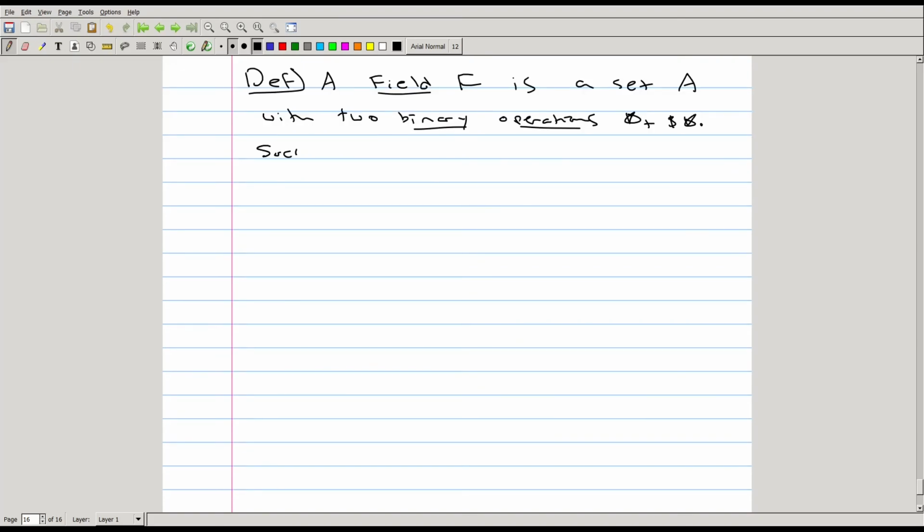such that A and star plus is an abelian group, or we have associativity, we have an identity element with respect to this operation, we have the existence of an inverse with respect to this operation for any element, and lastly, because it's abelian, we have commutativity.